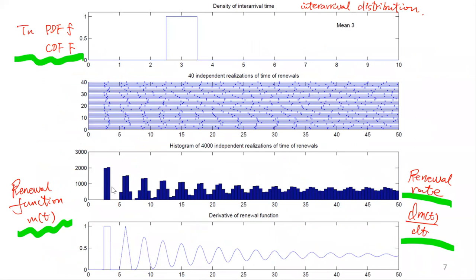This is a discrete version, and this is a continuous version based on the analytical derivation. They match each other very well. Renewal rate means, at a particular time interval, how many renewals you may have.